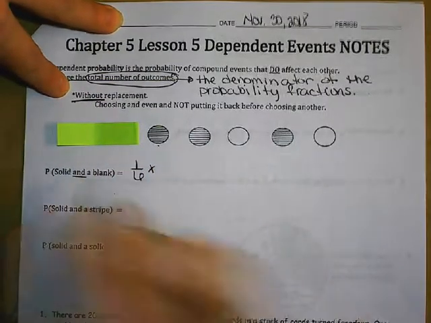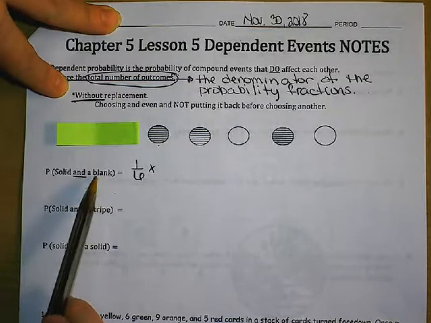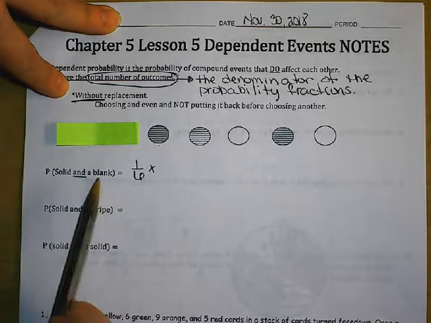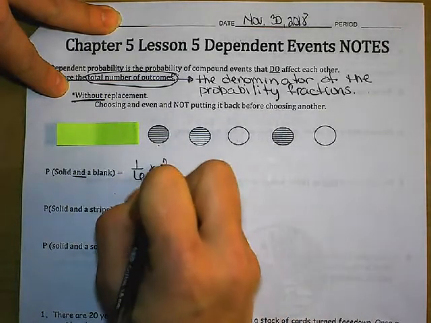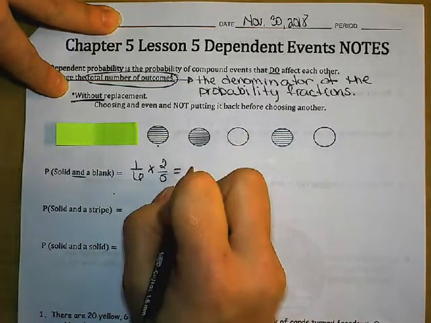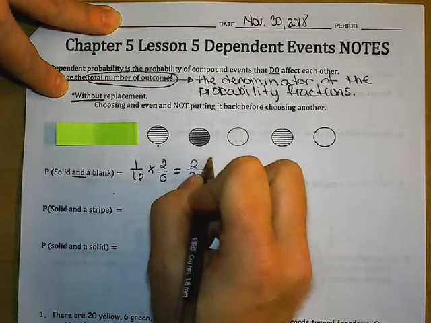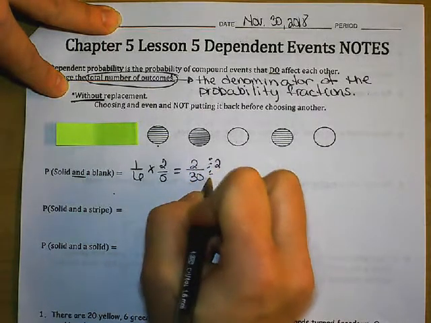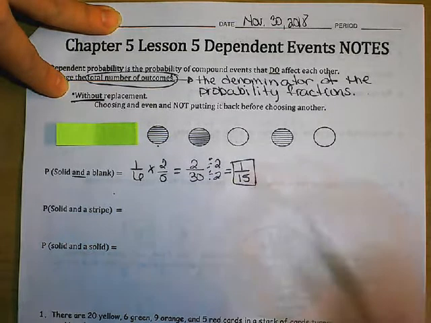Therefore, we multiply, because and in probability means you multiply, by the probability of getting a blank circle. Now we have 2 blanks out of a total 5. And we multiply these fractions like we normally would. 2 times 1 is 2. 6 times 5 is 30. These both can be simplified by 2, and you get 1 over 15.